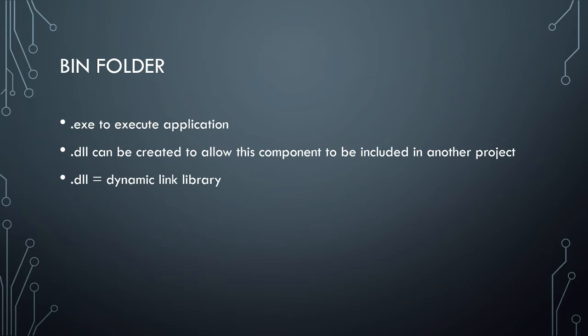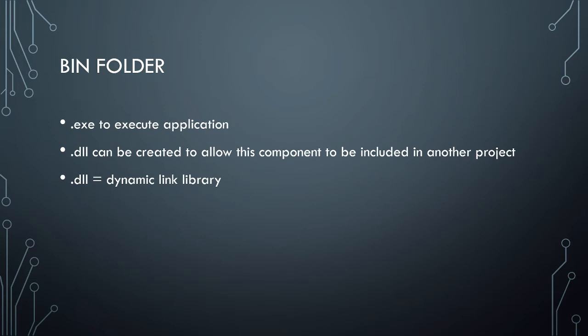When we create these class libraries that we can import into other projects, we're going to create a DLL library instead. DLL stands for Dynamic Link Library, and it is a Windows interface that allows us to pull a component into another project without actually bringing the source code in to the other project.